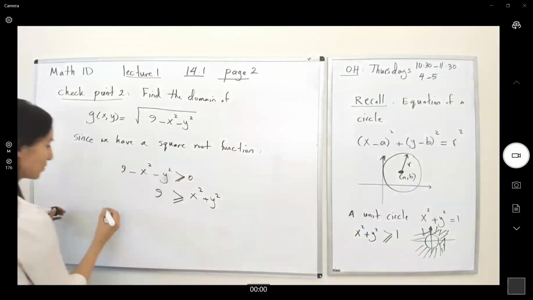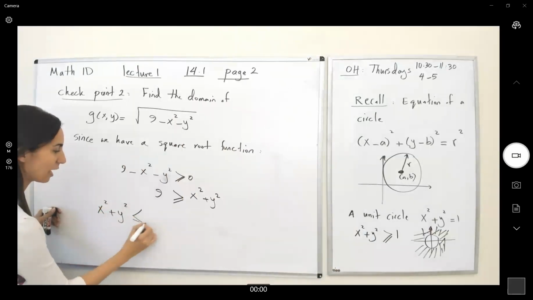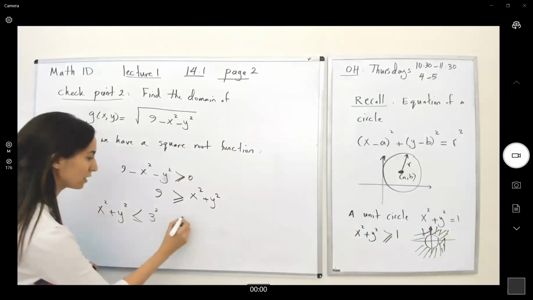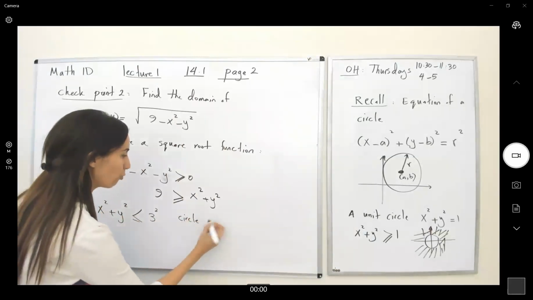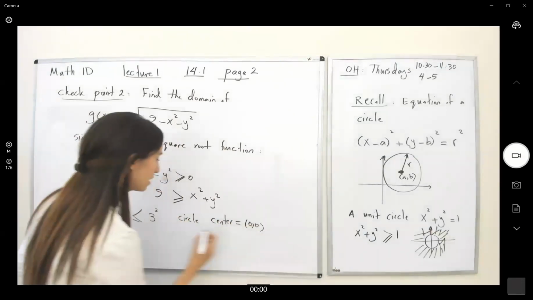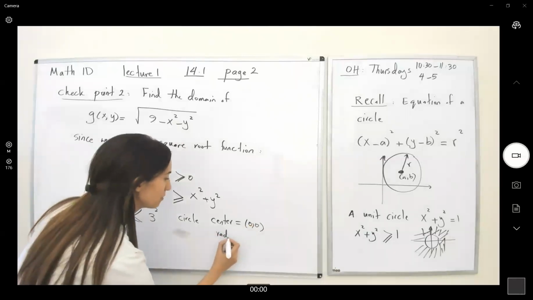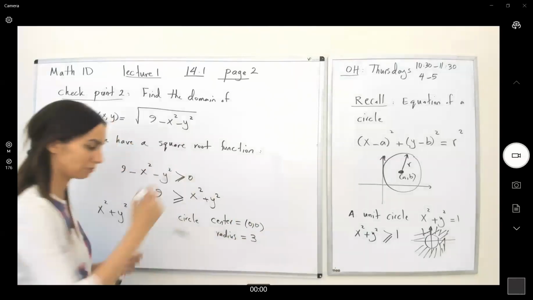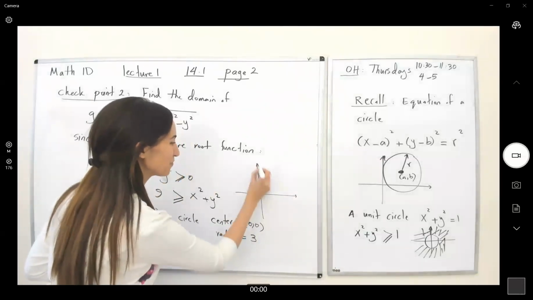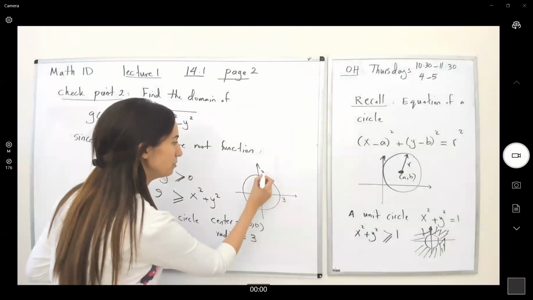Here you have x squared plus y squared less than or equal to 9, or 3 squared. We have a circle with center at the origin and radius equal to 3. Okay, perfect. The origin and a circle with radius 3.